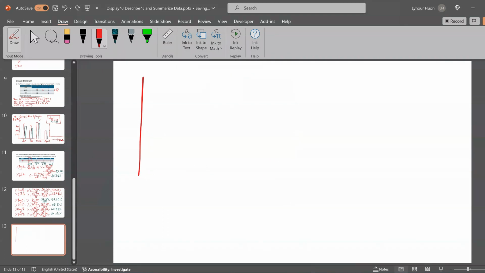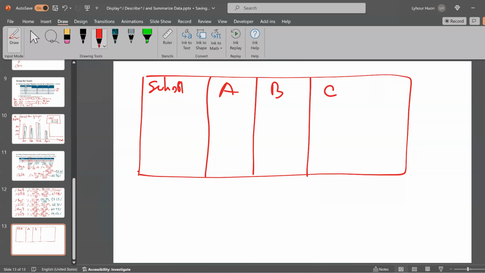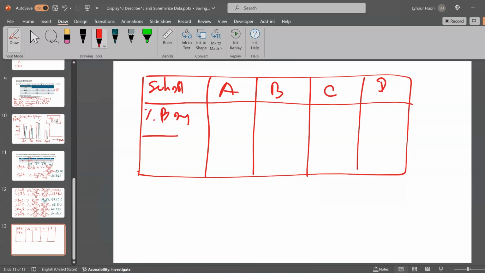Okay, let's say this is school A, B, C, and D. Percentage of boys, percentage of girls.